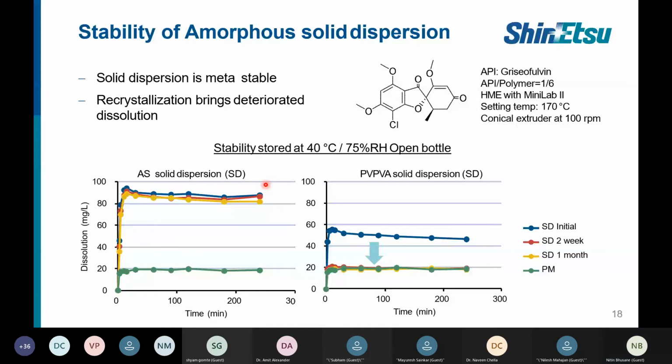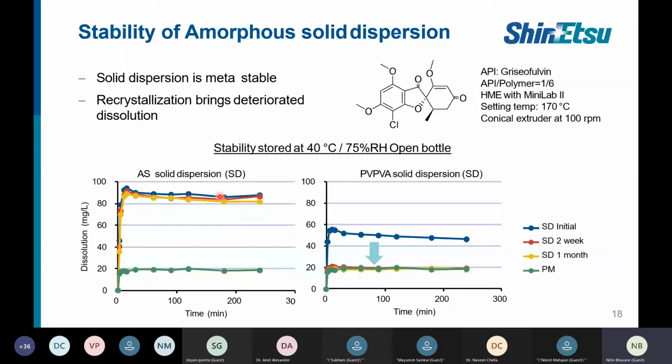degrees Celsius. On the left hand side, the aqueous solid dispersion, you can clearly see the solubility was improved, much better than the physical mixture, and it was maintained during the stability of 2 weeks at 40°C/75% RH in open bottles.